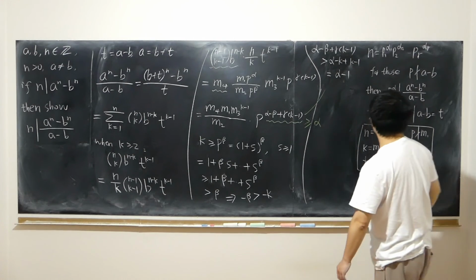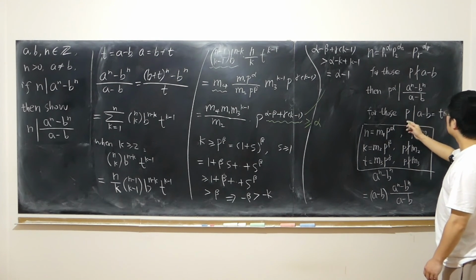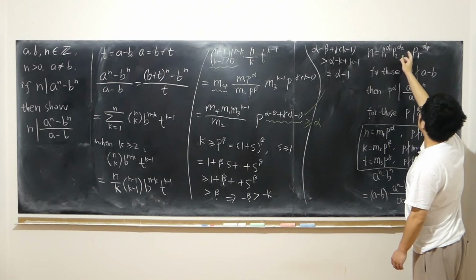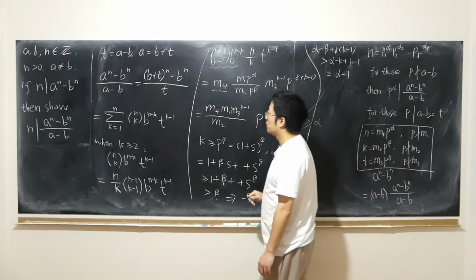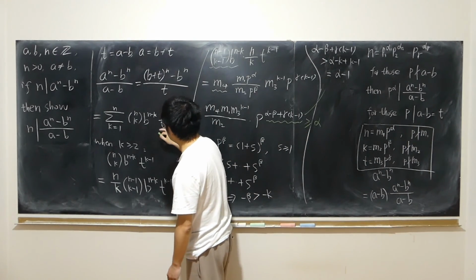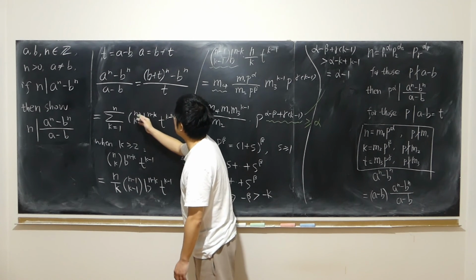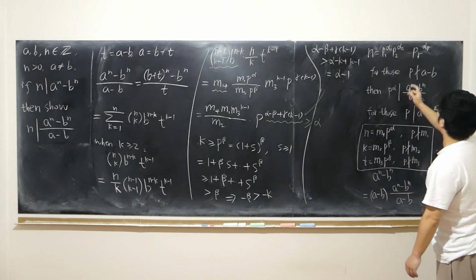So for those not so nice p's, we can eventually prove that for those p's, as long as p divides a minus b, then accordingly each power of p to the alpha in here must divide each term here. I obviously divide the sum of these terms, that is this one, divisible by those p to the alphas.